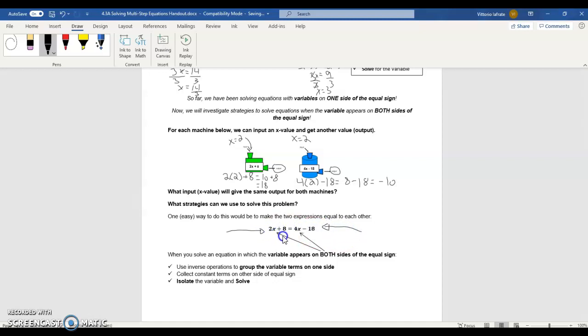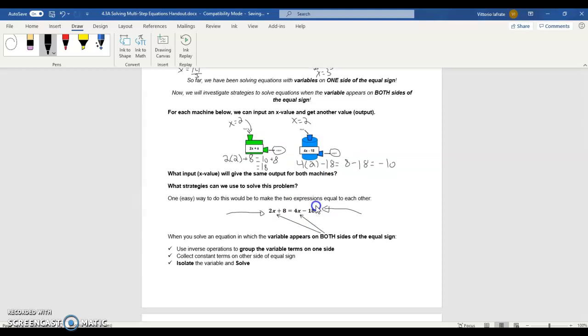And if we solve for x, you've found the x value that makes these equations equal. So after this video, you can go back and try to find out what x value would make these two equations equal.